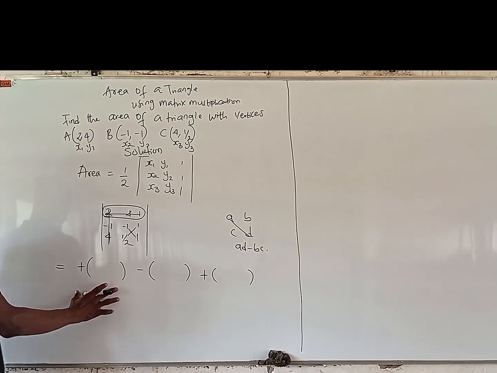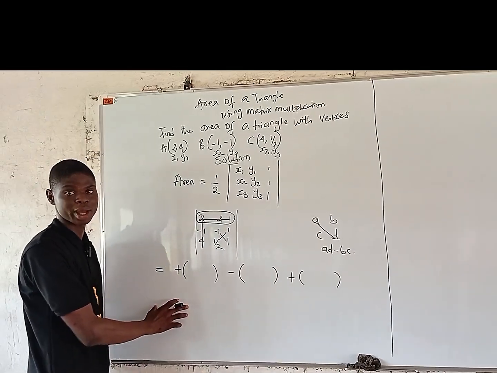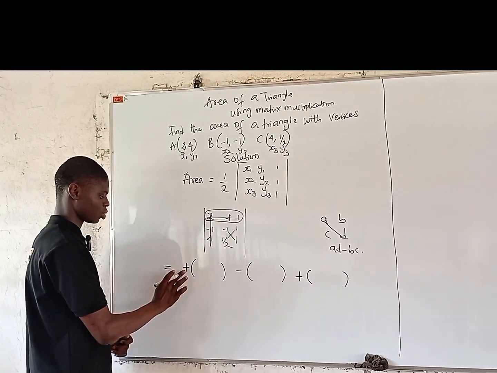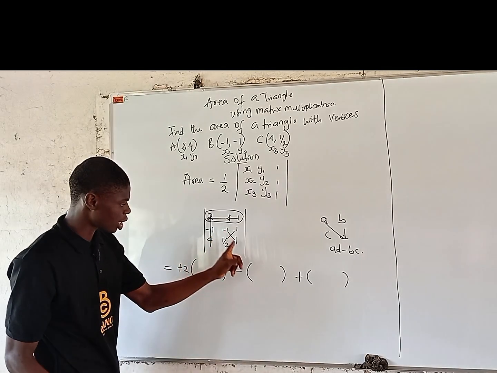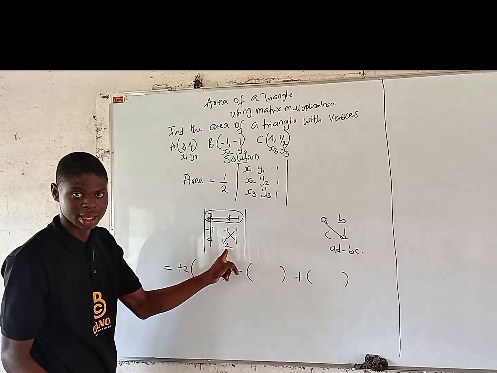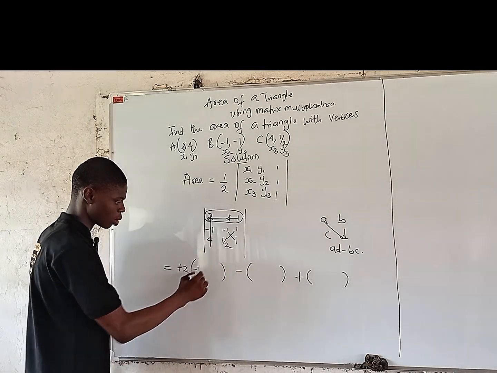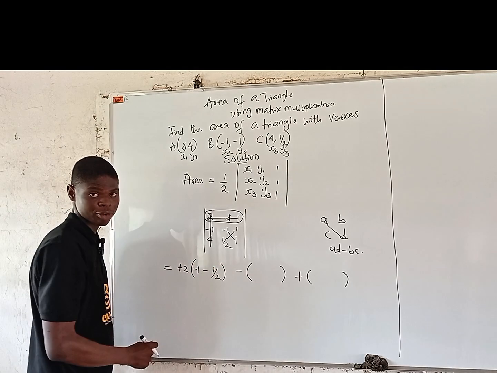So after arranging your brackets, you want to take note of your positive, negative, positive as in your cofactors when doing matrix multiplication. You want to pick the first number here, which is 2. So you're going to start with 2. Then you multiply the major diagonal, subtracting the other product. So -1 times 1 should give you -1. -1 times half should give you -half, right?